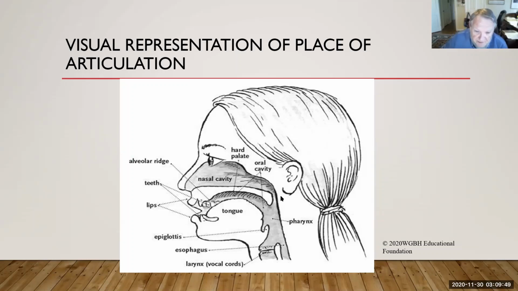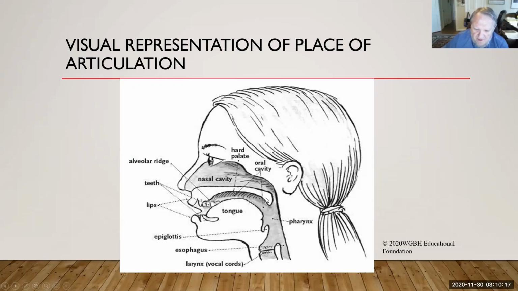The palate is this curved part of the mouth right here, and it's called the hard palate. Bony, you can feel it again with the tip of your tongue. If you run that tongue tip across your mouth, you can feel it, and it's more curved than this picture shows. She has a very flat palate. Most of us have a bigger curve.